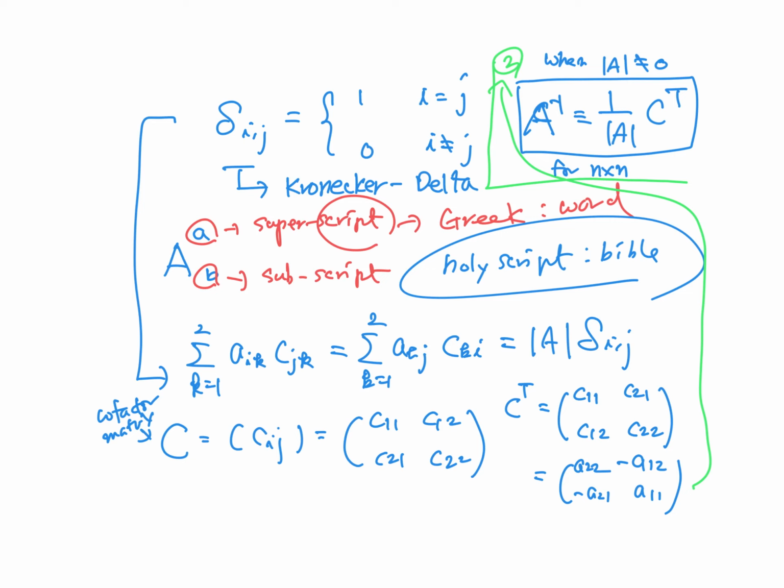So there are two ways of defining determinants. One is this, and the other one is inverse matrix. There's two formulas that you need to learn, I hope, during this class.